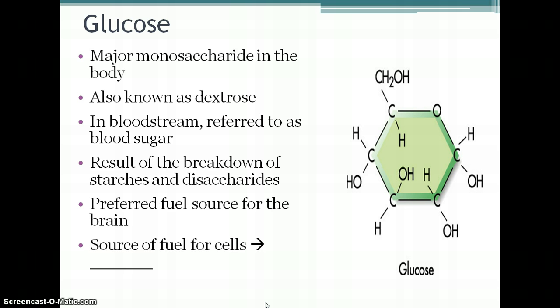So glucose doesn't really exist a whole lot in foods that we eat. So where does it come from? Well, it comes from the process of digestion and the breakdown of bigger carbohydrate molecules, which we'll talk more about later. It is a source of fuel for the cells of our body, the brain, red blood cells, and muscles. And in that source of fuel we call ATP, adenosine triphosphate. It's really better called or referred to as an energy currency.